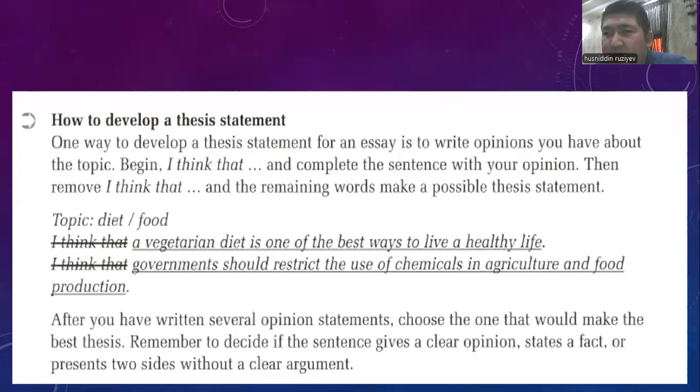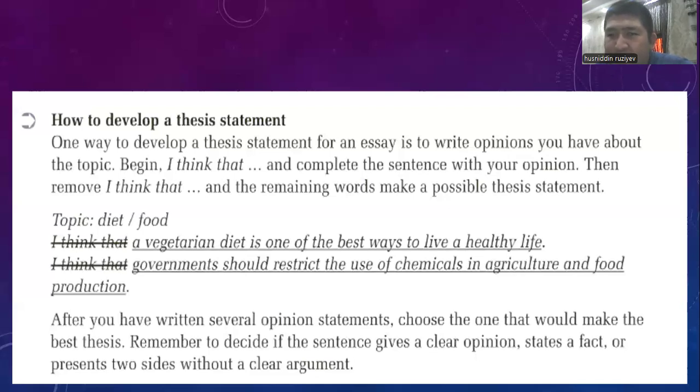But if you choose a broad or general topic, there are a lot of ideas for your essay. So you should try a normal topic. And then you should try to write a statement. In this situation, you should begin with the phrases I think and in my opinion, etc., and complete with the more suitable ideas which can be discussed and explained. And then you should make a list.